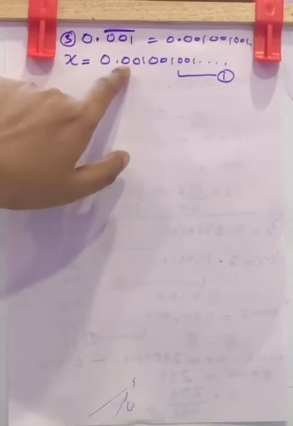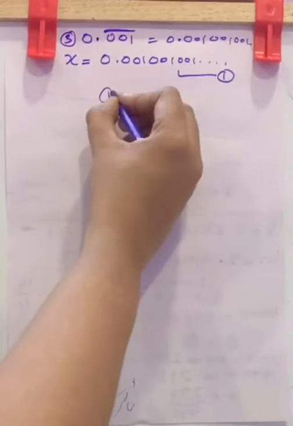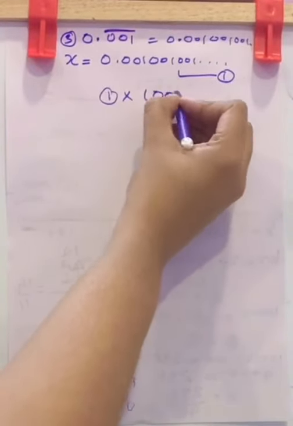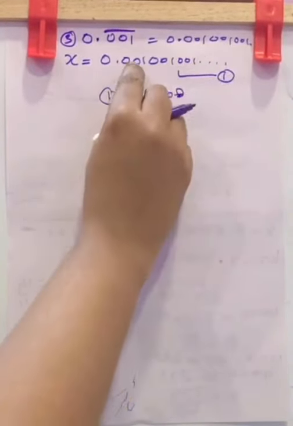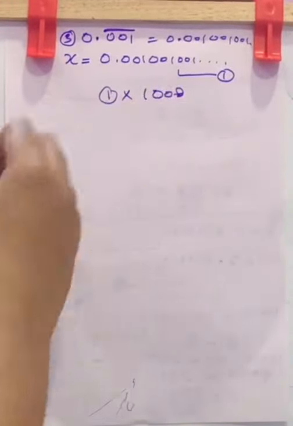Now next is how many digits are repeating here? There are no non-repeating digits after the decimal, so you can directly move to repeating digits. 3 digits are repeating. Set of 3 numbers are repeating. So you want to multiply this equation 1 with 1 and 3 zeros because 3 digits are repeating. So 3 zeros, that is into 1000.